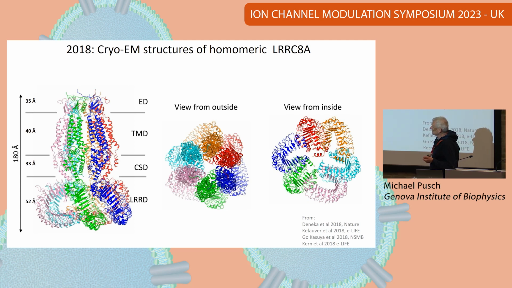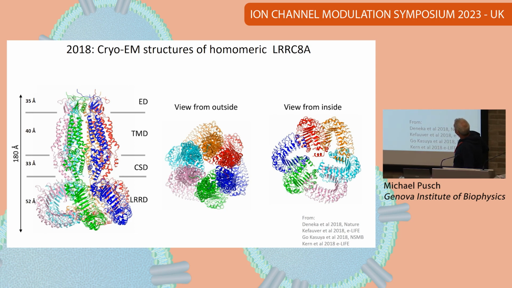They have a relatively narrow pore entrance on the outside, then a large pore in the transmembrane domains, a cytosolic linker region, and the intracellular leucine-rich repeat domains that in the homomeric protein form dimers. It's a trimer of dimers somehow. So there's a break of symmetry from a 6-fold symmetry to a 3-fold symmetry at the C-terminus, which is rather surprising.